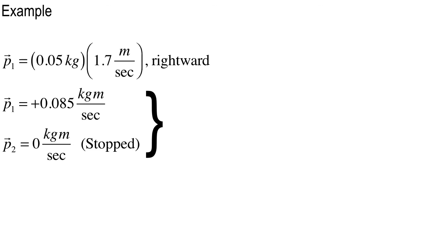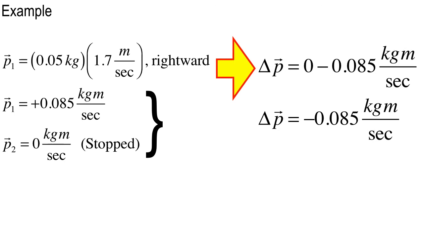So now we're going to take both of those and figure out what delta P is, P2 minus P1. P2 is 0, and then we subtract P1, later minus earlier.